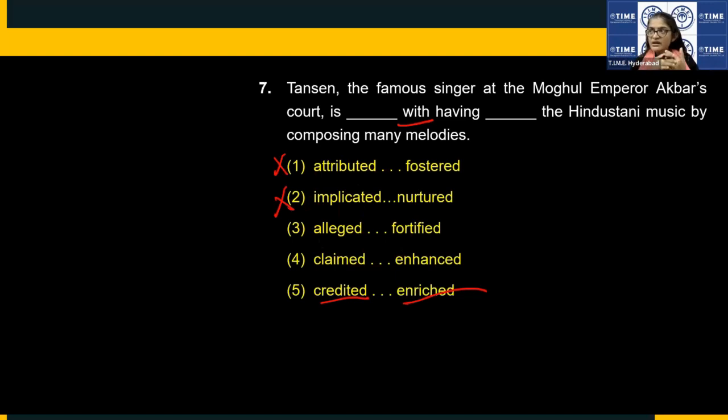This is something positive that Tansen has contributed. So this is also wrong. Fortified is okay. The second blank words are all okay here. Is claimed with having. No, claimed to have done something. Again, the usage. Okay. Enhanced is okay. So option 5 is the right answer.